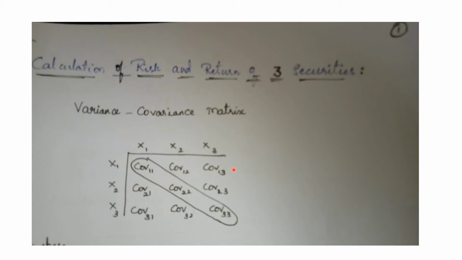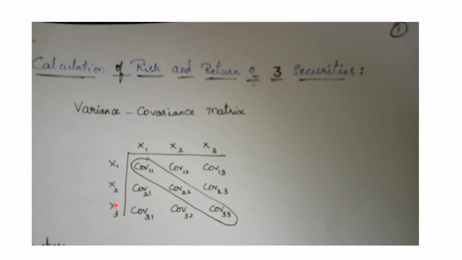For these three securities we have to find out the covariance of each and every security, that is 1 with 1, and again first security with second security, first security with the third security, that is covariance of 1 1, covariance of 1 2, covariance of 1 and 3, like this way.